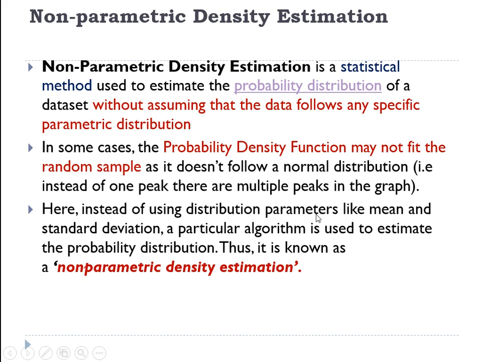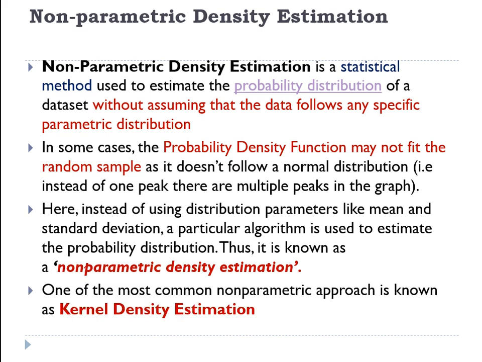I will have to use a particular algorithm depending upon the distribution and find out the parameters. That is why this is called non-parametric density estimation. And a very important concept, this is very important: the most common non-parametric density estimation approach is kernel density estimation. What a kernel is, we will see in the next session.